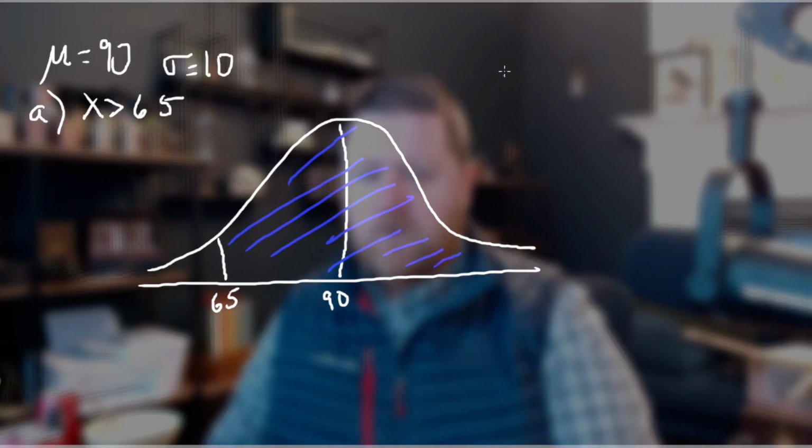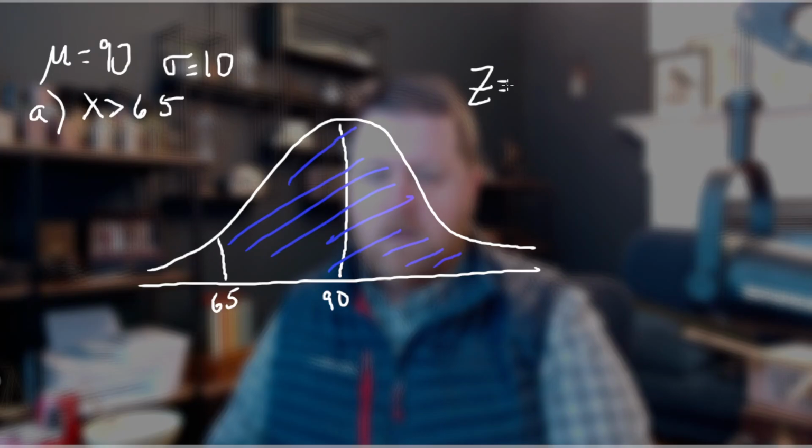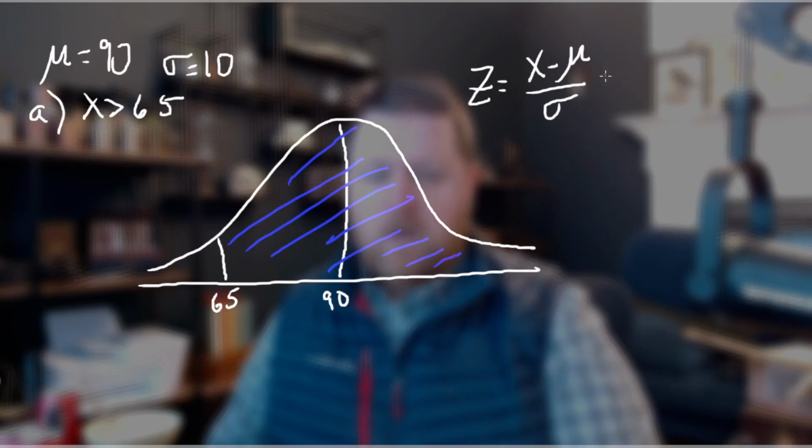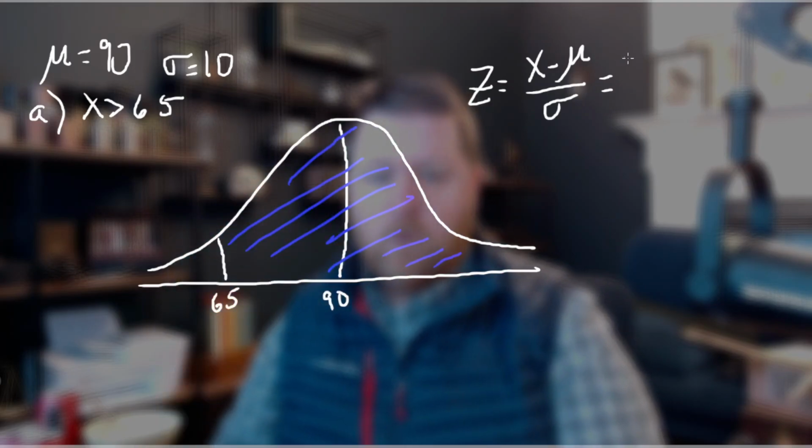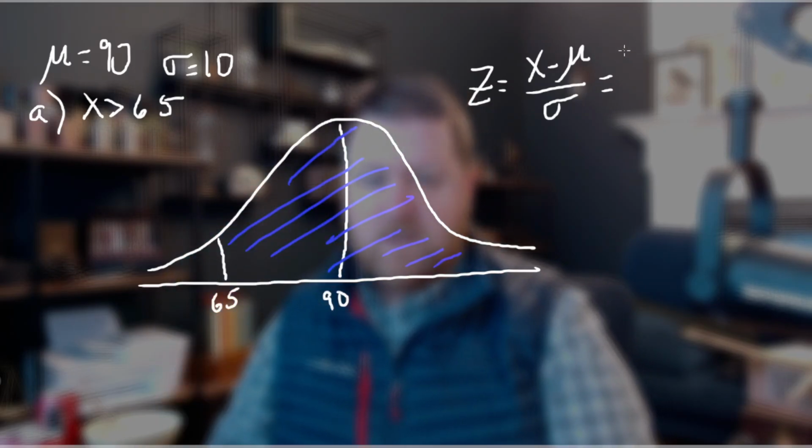And to do that, we're going to use our z-score formula, which is z is equal to x minus mu over sigma. Okay? So we're going to plug in the values that we have. So x is 65, mu is 90, sigma is 10.